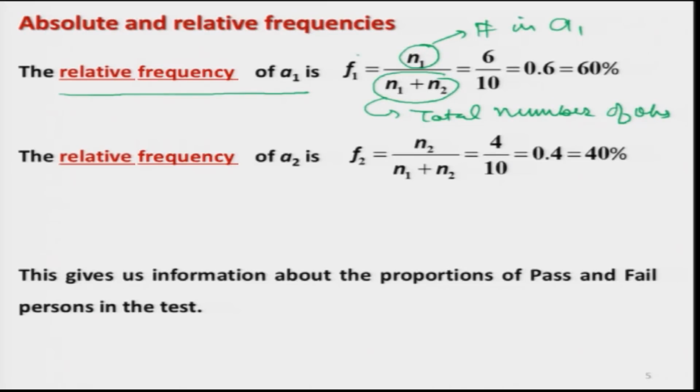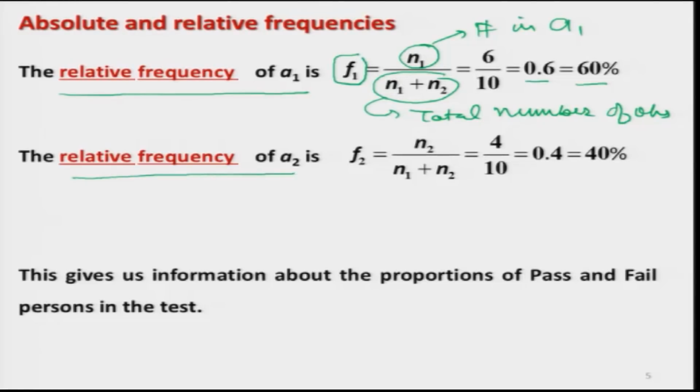This is denoted by F1. F1 is going to be N1 upon N1 plus N2. This is called relative frequency, and in this case it is 6 upon 10, because we have observed 10 data points. That is 0.6, or 60%. So, I can say that 60% of candidates passed.